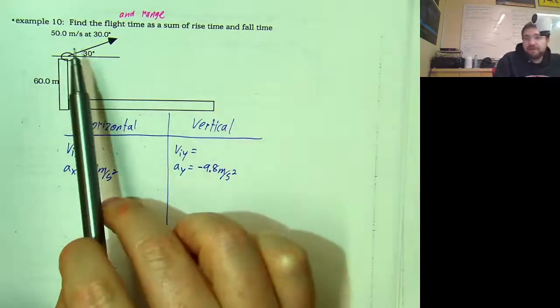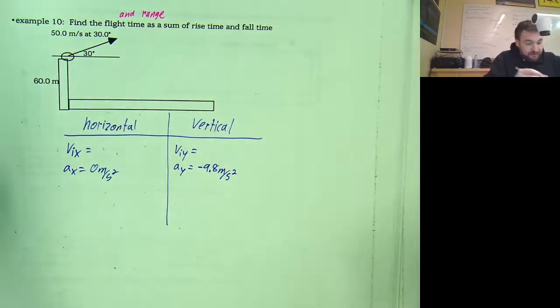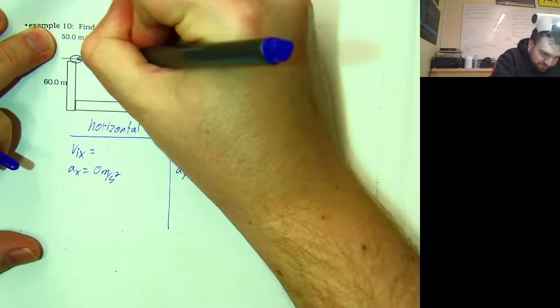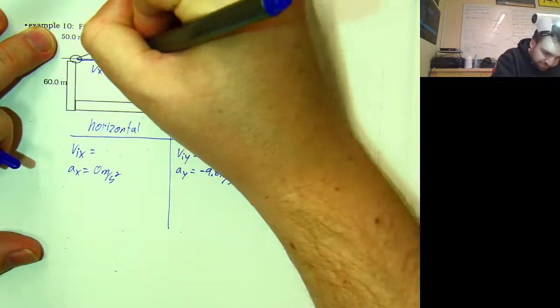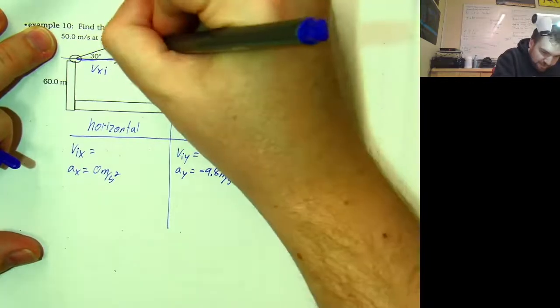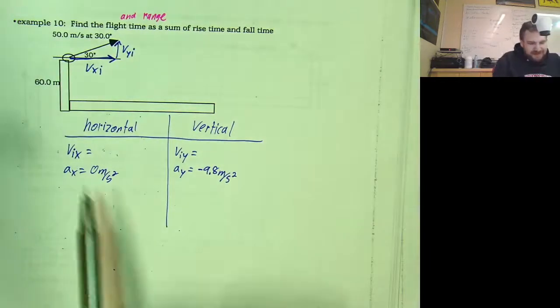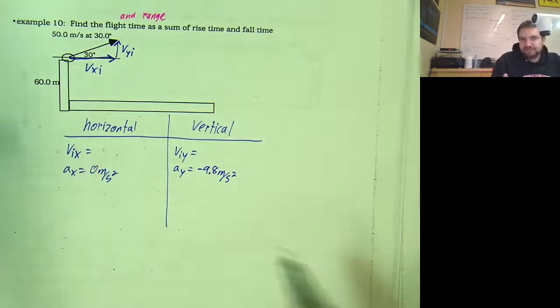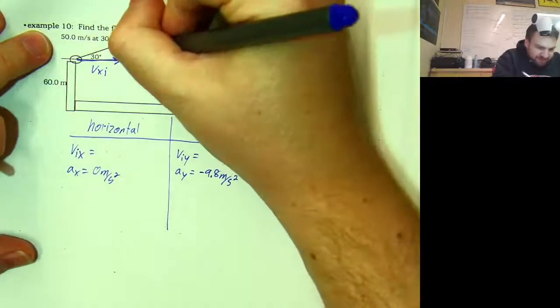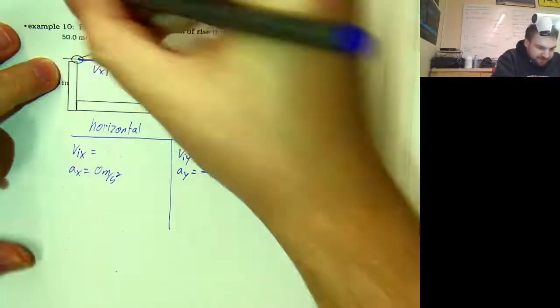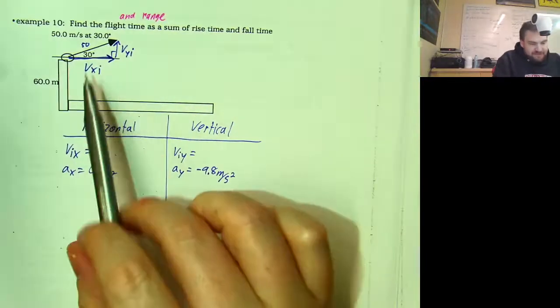Now, if I look at the problem here, I've got 50 meters per second at 30 degrees. So I can break this thing up into a VX initial and a VY initial. It doesn't matter if I say VXI or VIX. I should have been consistent, but I'm running in pen, and I'm sorry, I've already screwed that up. So we can see here that this is where the 90-degree angle is. This side is adjacent. This here is 50. So that's the hypotenuse.